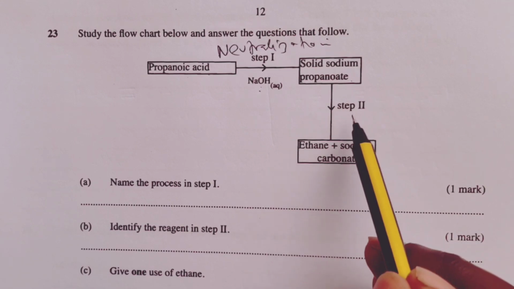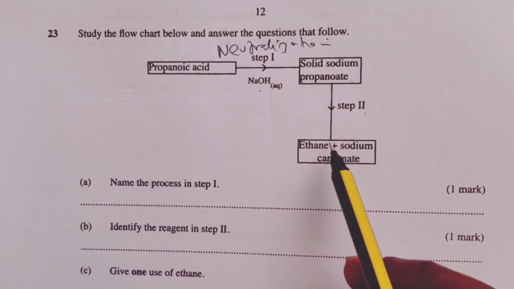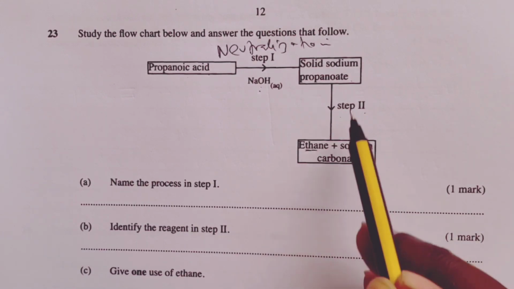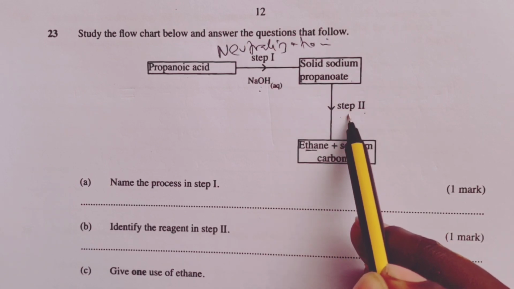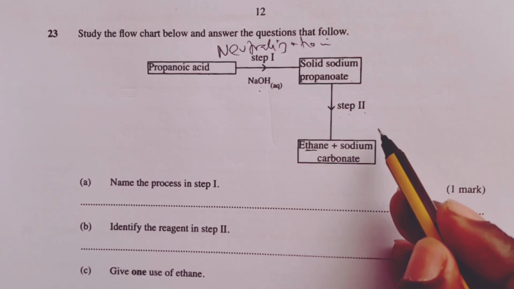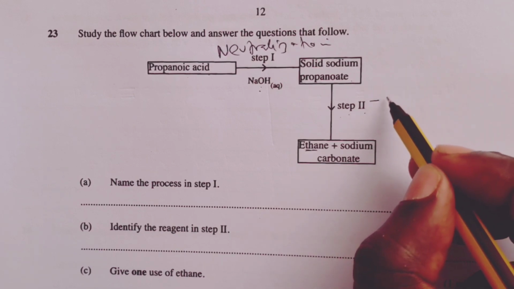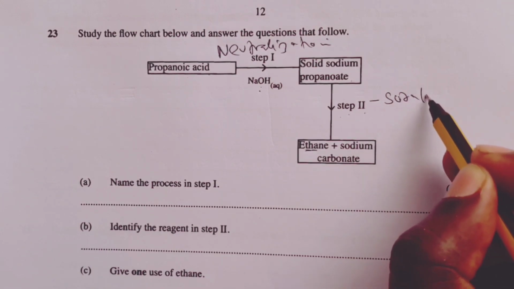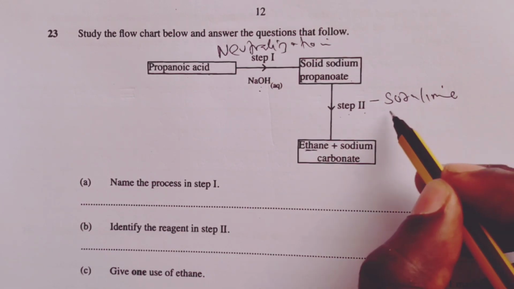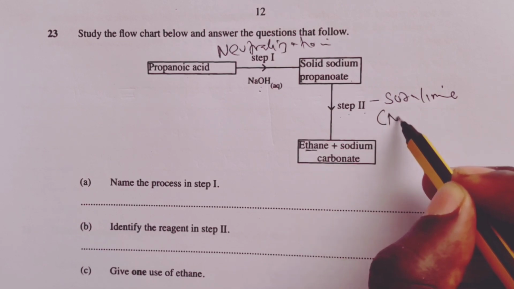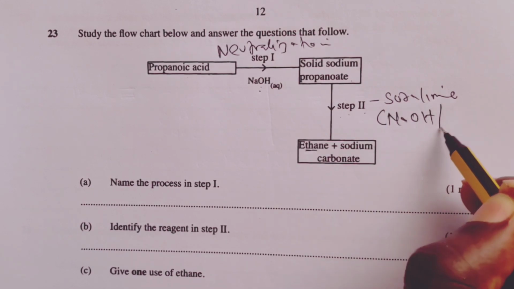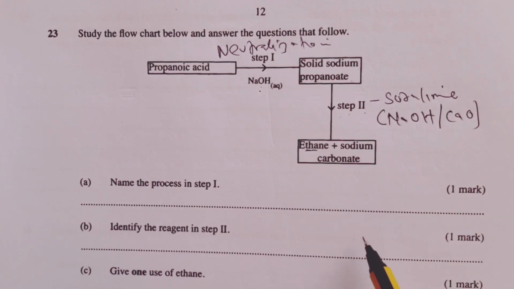Then in step 2, we obtain ethane from sodium propanoate, meaning that the other reagent we need in step 2 is actually soda lime, or we can say a mixture of sodium hydroxide and calcium oxide.